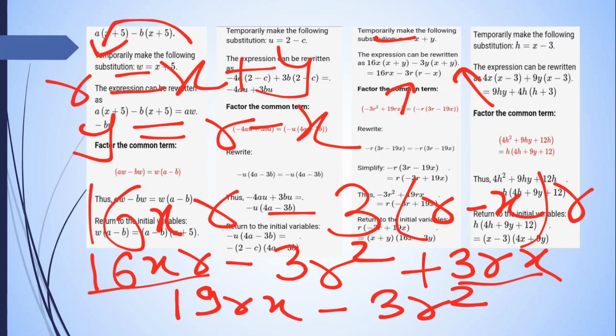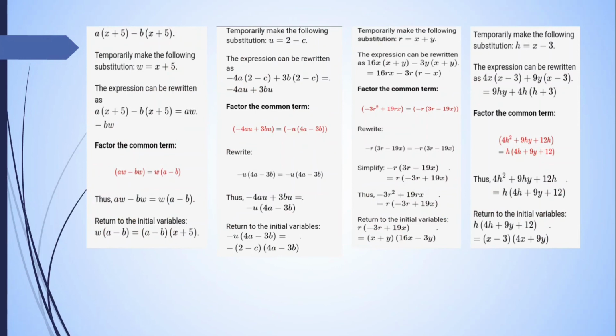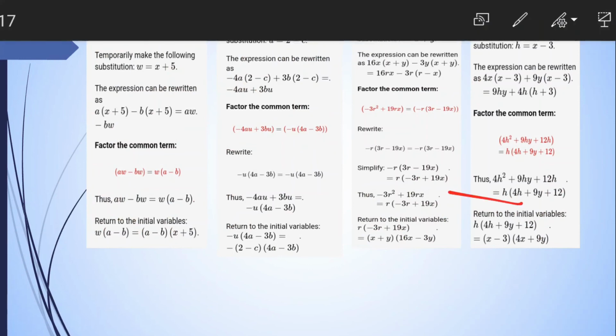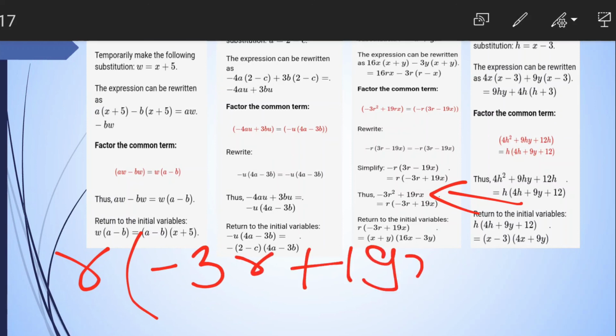Okay, now here we have written minus 3r square plus 19rx. Now you can take the common r from both the values. The remaining will be minus 3r plus 19x.